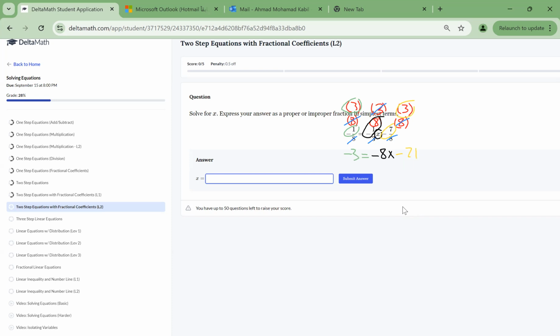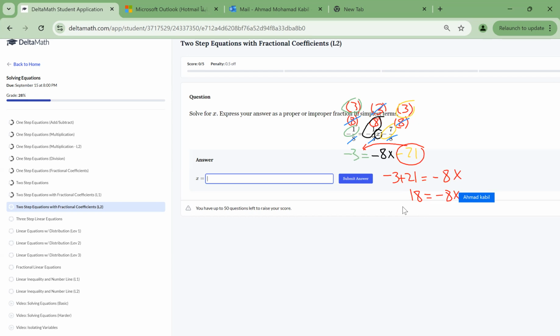And now we can proceed to solve for x as if it's a simple linear equation. So let's take the negative 21 to the left-hand side. So we get negative 3 plus 21 equals negative 8x. So 21 minus 3, this is 18, equals negative 8x.